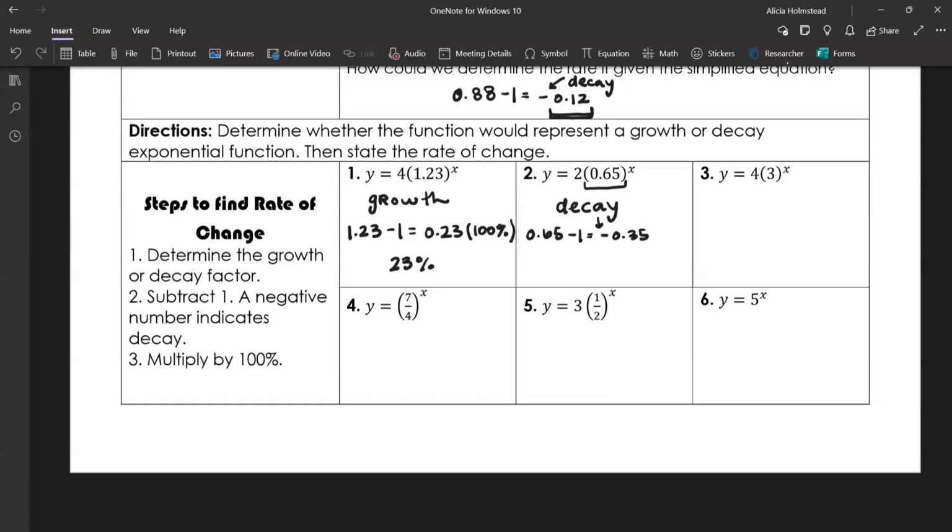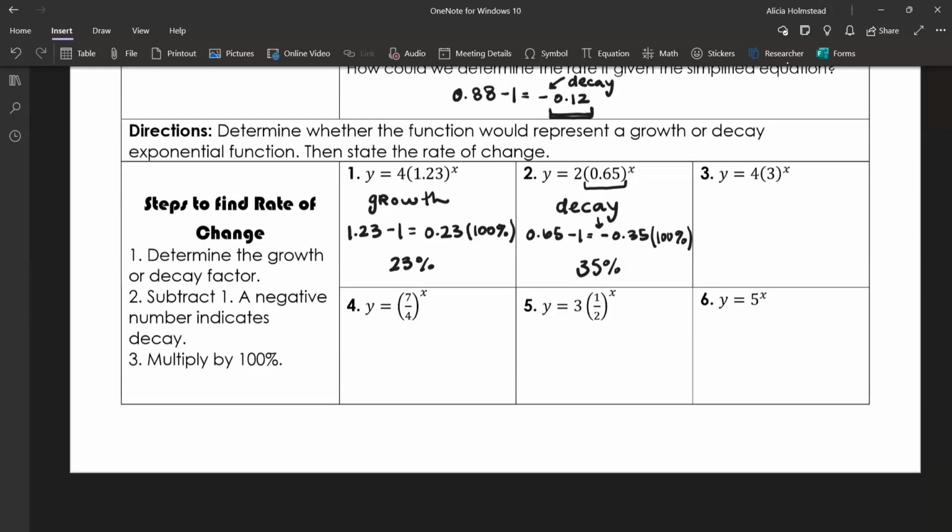That decay tells us the negative. And we don't want to keep that as a decimal, so we'll multiply by 100%. So this is decaying at a rate of 35%. It would be redundant to write this negative since we already stated decay, so we won't ever write the negative. We'll just say it's decaying at a rate of 35%.